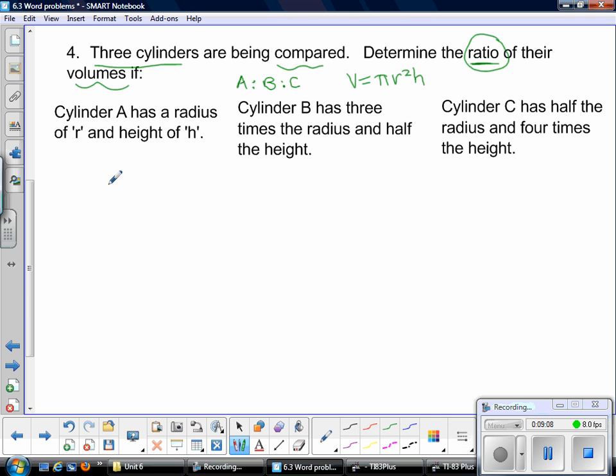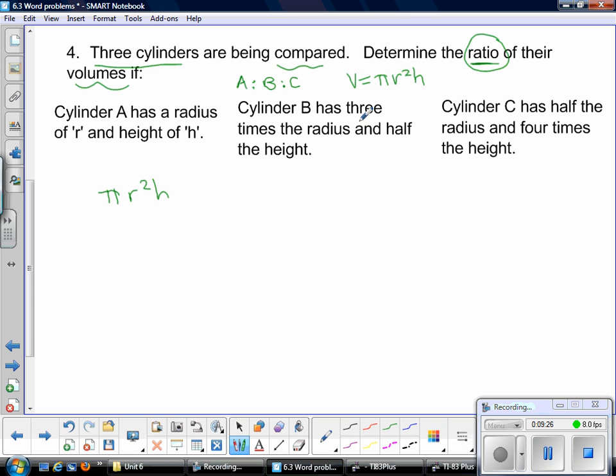Okay, so all of these we're comparing their pi r squared h's. Now, this is our base one. So notice we're starting with r and we're starting with h. So I'm going to put that down as our first one, pi r squared h.